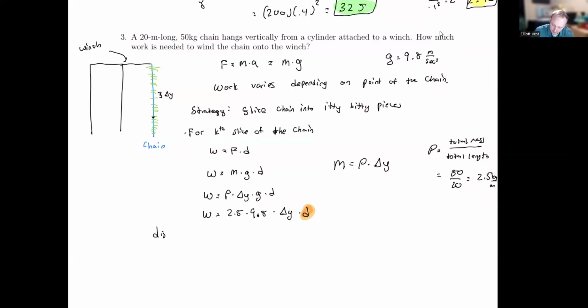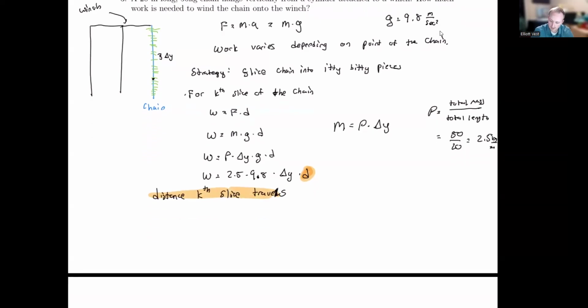So let's write that out. The distance that the kth slice travels, which is represented through this d variable, is equal to the distance to take the kth slice to the top. So I'll just say distance to the top. Let's create some representative point in this slice here. This is the y_k star point, and the star means a representative point.